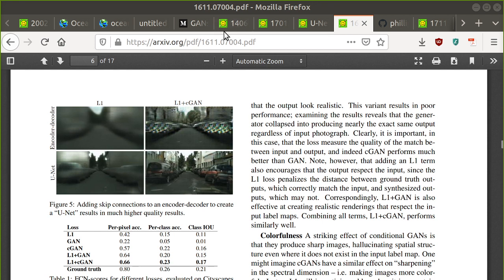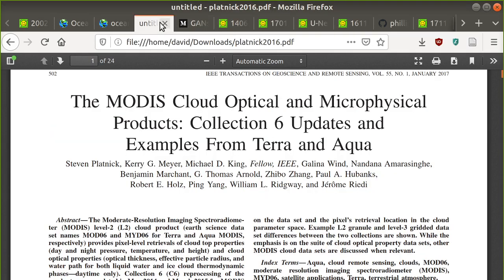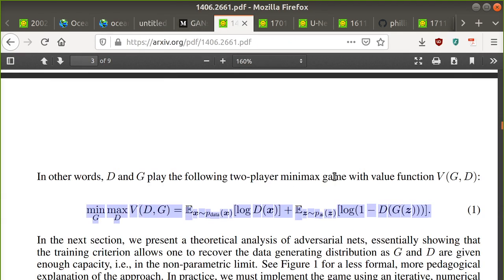So if we go back to the original definition of the GANs in Goodfellow, we've got two main things going on. As we said, the discriminator should identify real data. It tries to reject fake data, and the generator tries to fool it into accepting the fake data.